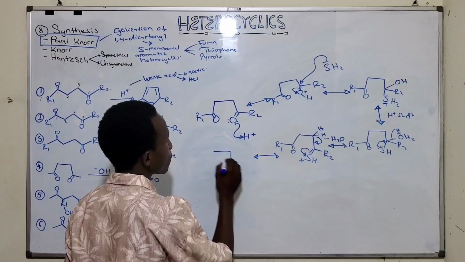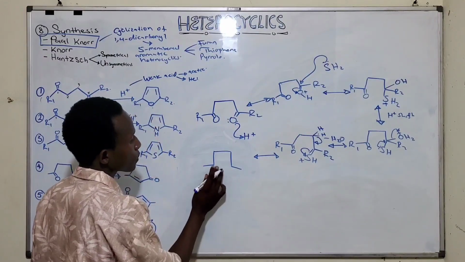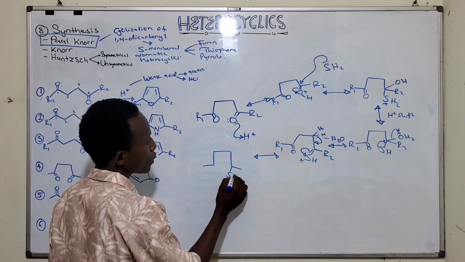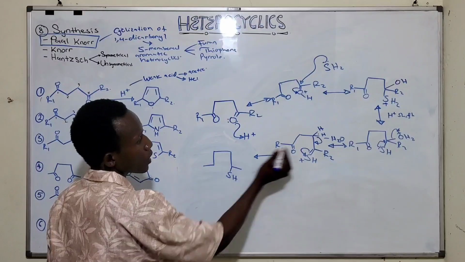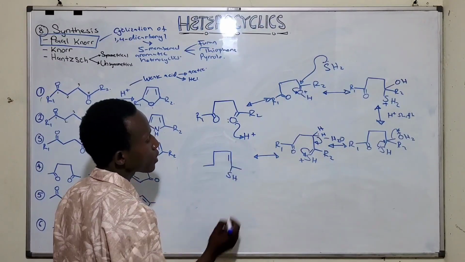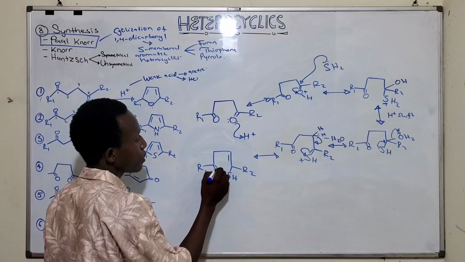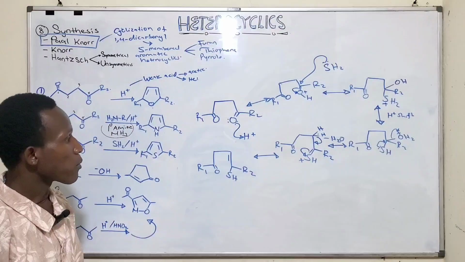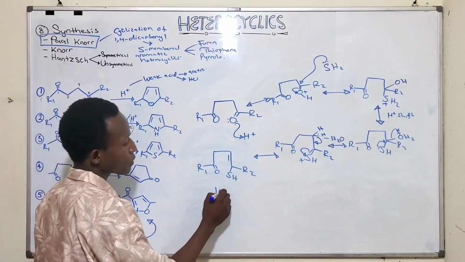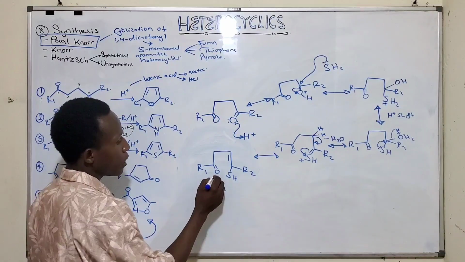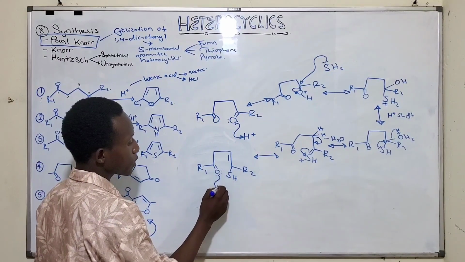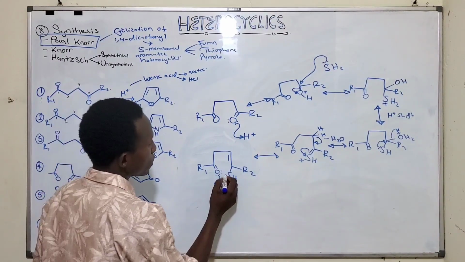So we shall form this SH. We have lost our hydrogen, so we form a double bond. We have R2, then R1 with the oxygen atom. This one also attacks the acid, so it takes the proton.